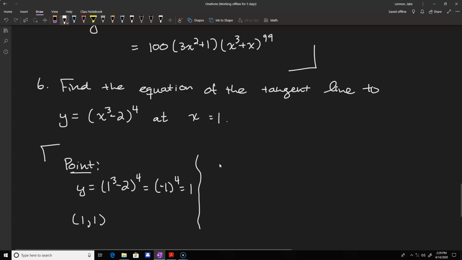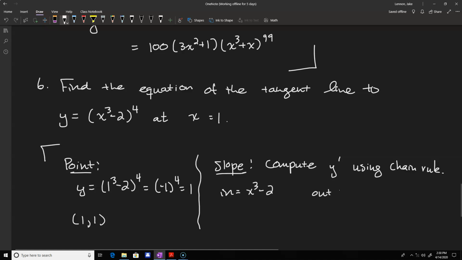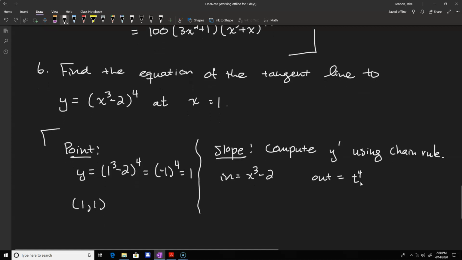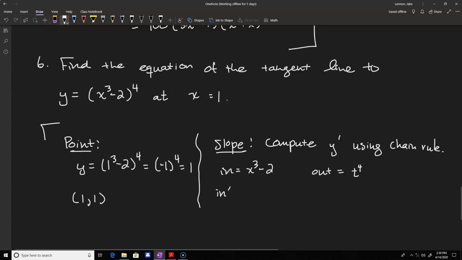So to find the slope, we first need to find the derivative. So what we're going to do is compute y prime using the chain rule. So let's see, our inside function would be x cubed minus 2. Our outside function would be t to the 4th. So the inside prime is 3x squared.